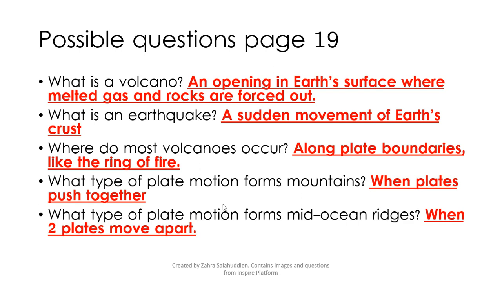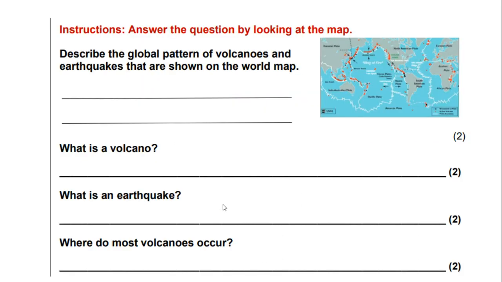Okay, so here are some of the questions we already spoke about. You may pause the video and learn the answers. Okay, so what did we say here? They happen near plate boundaries. What is a volcano? An opening on Earth's surface.